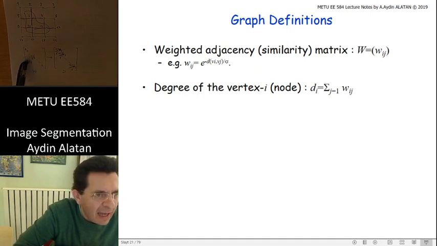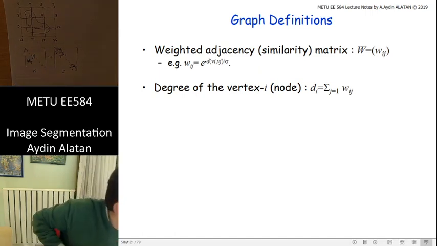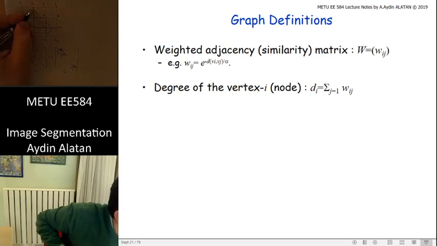In this matrix, at this Wij position, in other words for 2 and 6 or 6 and 2, we are simply writing whatever the information here is, like 5, we write it here as 5.